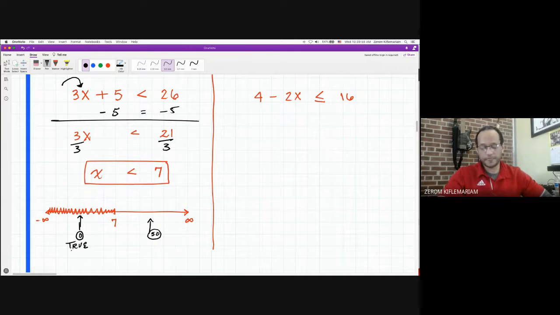But the 50, 3 times 50 becomes 150. 150 plus 5 becomes 155. Is 155 less than 26? That becomes false. So I'm shading the left side.